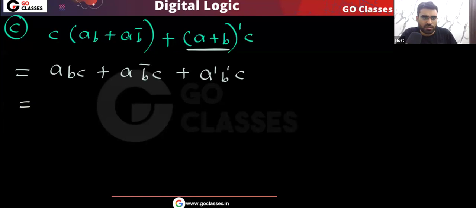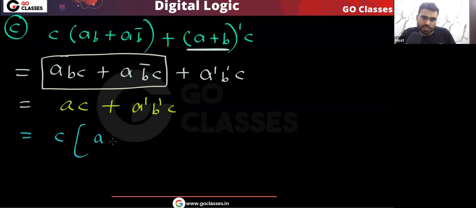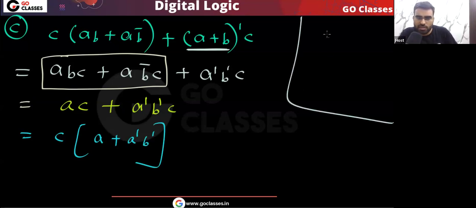Now you can easily check that from these two you can take AC out. So it will be AC or A bar B bar C. Here you can take C out. If you take C out, it will be A or A bar B bar. Now remember, there is this rule that X or X bar Y is same as X or Y. You can cancel this X bar.